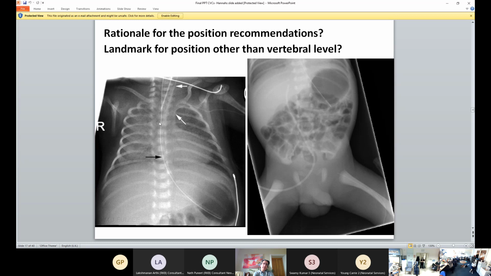So you shouldn't go deeper than 1.5 vertebrae below the carina. The other landmark is the diaphragm for a long line coming from the lower limb. Just at the level of the diaphragm or slightly below the diaphragm will be okay.